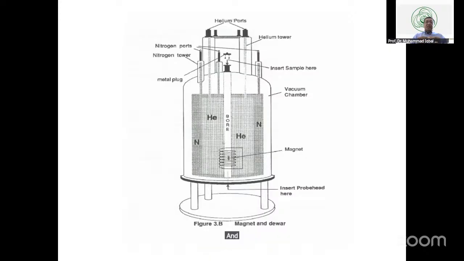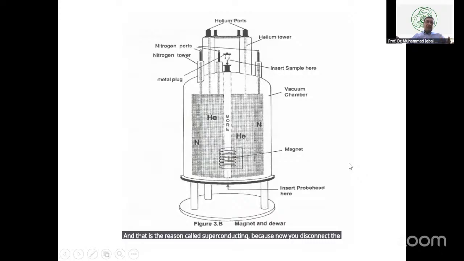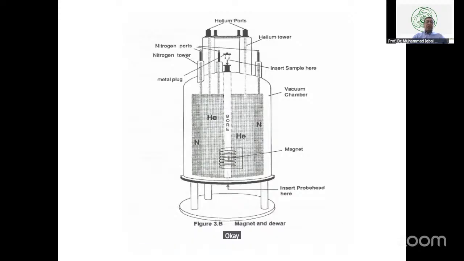And that is the reason it is called superconducting, because now you disconnect the electricity, and this remains a magnet as long as you keep this temperature of minus 270 Kelvin. Okay. And in order to protect liquid helium from the external temperature, you have liquid nitrogen outside.